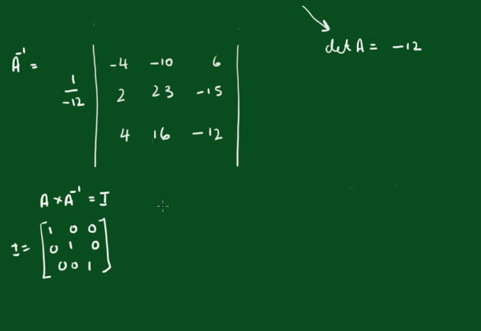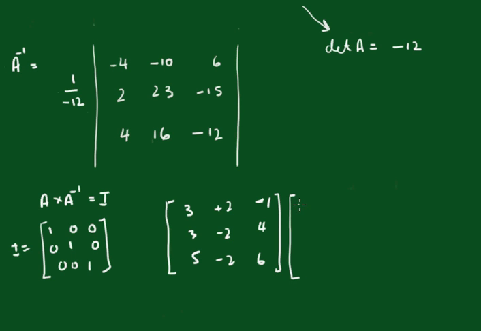So if I multiply the A, that will be equal to 3, 3, 5, 2, -2, -2, -1, 4, 6, times this one, -4, -10, 6, 2, 23, -15, 4, 16, -12. Now we could have multiplied each of these by minus a 12th, or we could do it just in there. And that should give us our identity matrix.